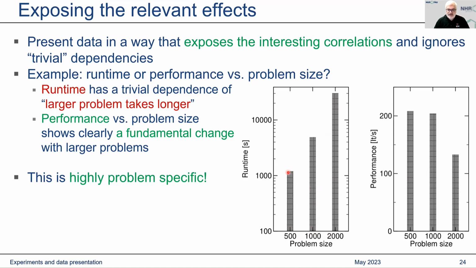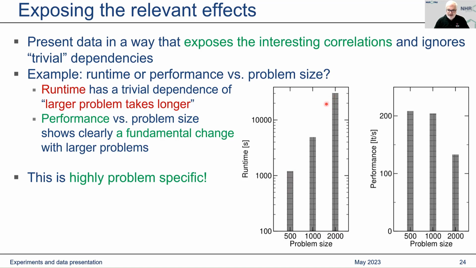And obviously, for a larger problem size, the code takes longer to run. This is a trivial dependence. Everybody knows that a larger problem size takes longer to solve. And in this case, the dependency is such that we even need a log scale to accommodate this huge range of runtime. Okay, it's like a factor of almost 30 between the small and the large problem size.